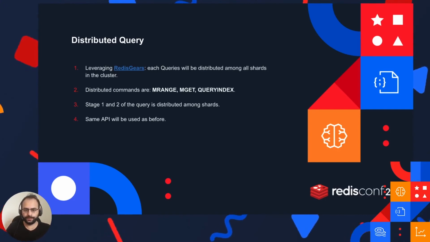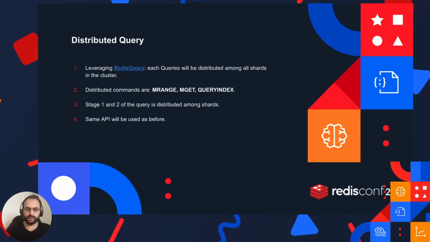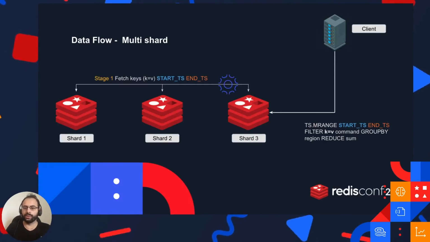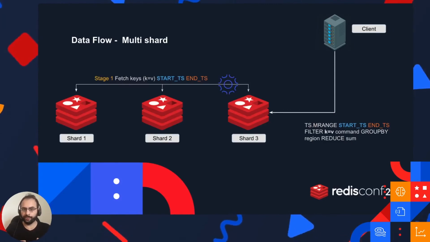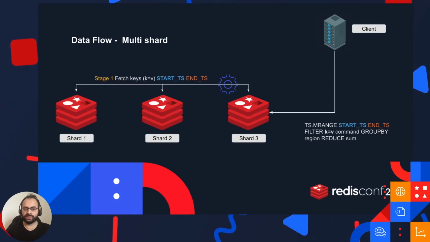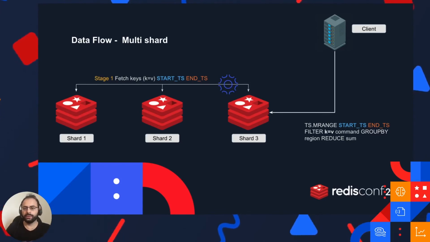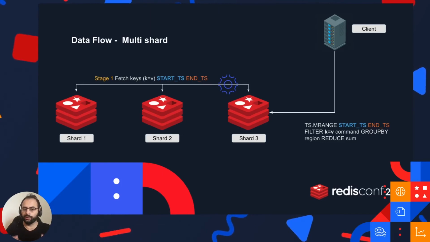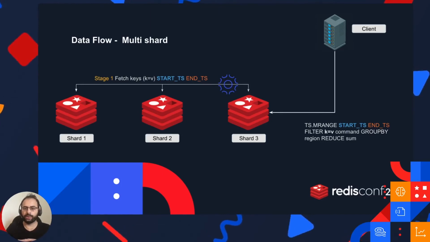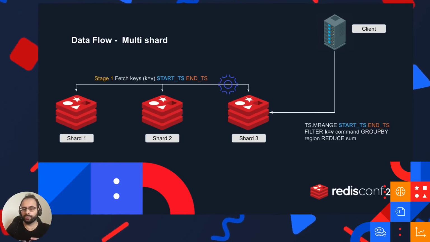What we're going to see in the next slide is how we do that. If you remember the first stage, where we find the keys and fetch them to process them in the 2nd, 3rd and 4th stage, in a multi-shard cluster we use Redis Gears to fetch those keys for us.